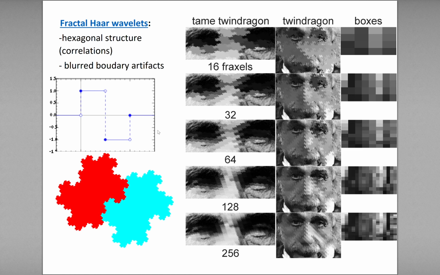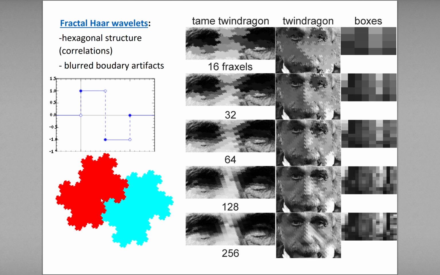So, for example, this Haar wavelet is just replacing values with differences between the left and right mean value over some region. So we could change it into values being differences between the mean value over this fractal minus over this fractal, and so on.